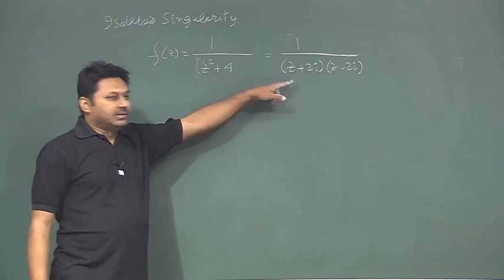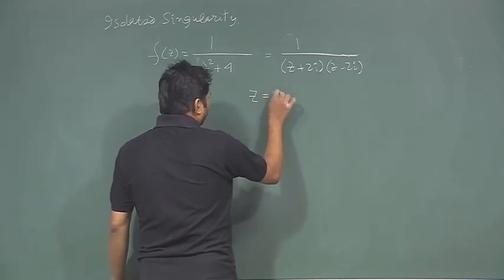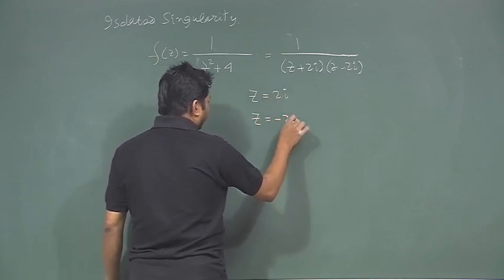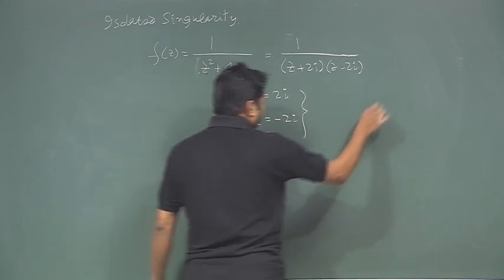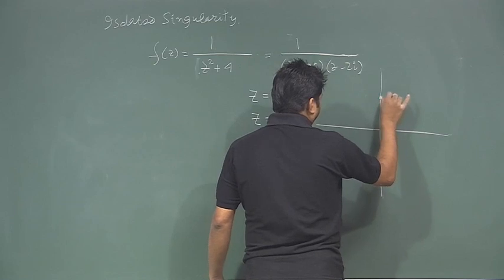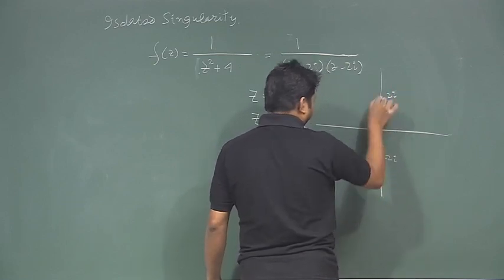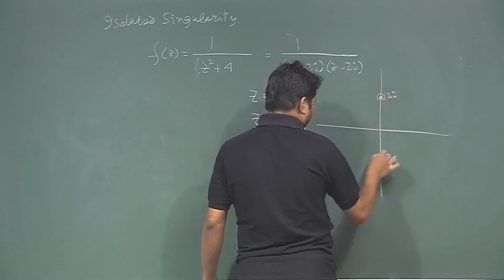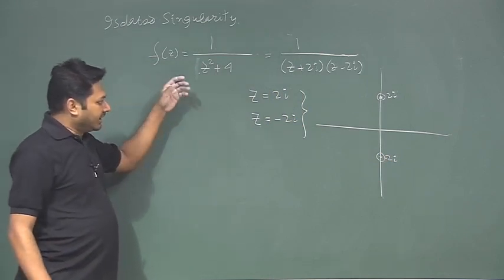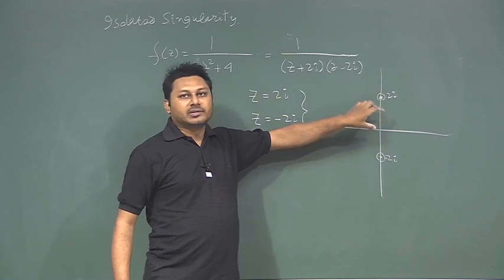So, we find that z equal to 2i and z equal to minus 2i are two points where the function again blows up, and these two points are called isolated singularities. That means each is isolated from the other points.